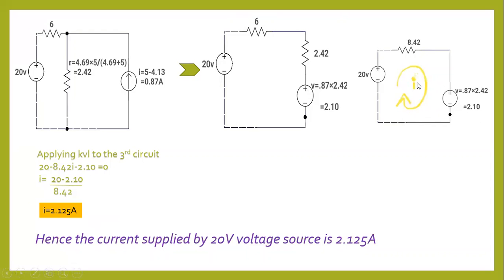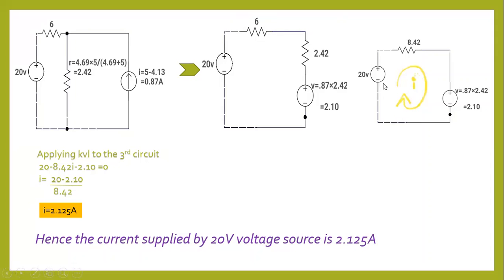Now what the question asked was to find the current through this 20 volt source. Applying KVL to the simple loop, starting from here, 20 minus to plus, the current flowing clockwise as we have assumed.